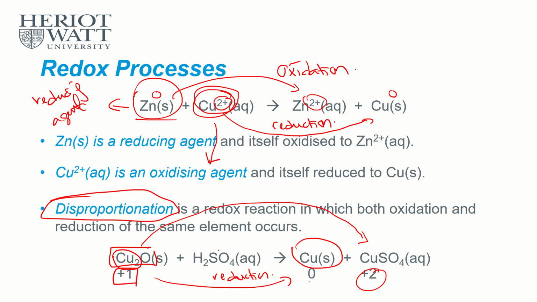So what does it mean? Copper from +1 undergoes reduction to form 0, and undergoes oxidation to form 2 plus. So the same element, copper, undergoes oxidation and reduction together, forming two different products. And this is what we call a disproportionation reaction.